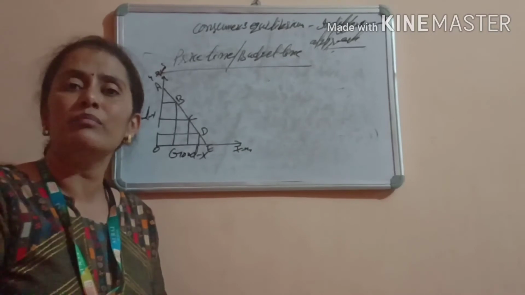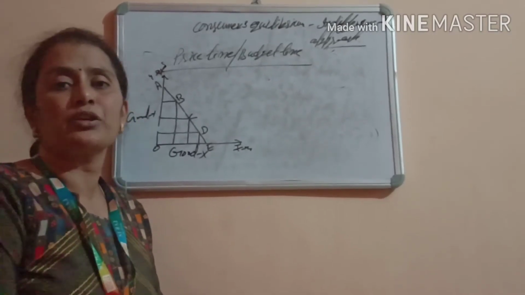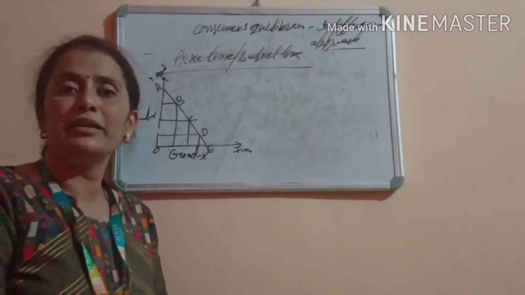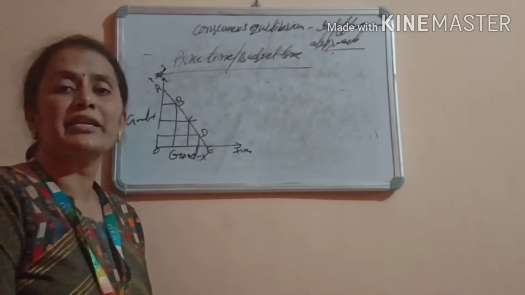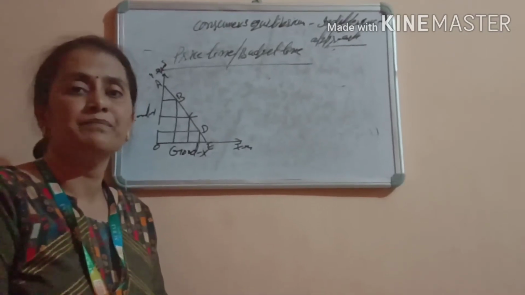These are called the budget line. It means the budget line shows the different combinations of two goods X and Y when market price and income are constant. Right?